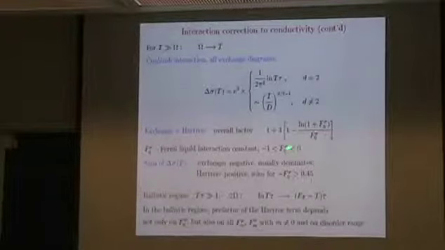However, if the interaction is sufficiently strong, then this term may be stronger than this one, and it may force the system to flow into a metal, whereas it was flowing, say in 2 dimensions, into an insulator without interaction. And this is basically at the core of the theory of the metal-insulator transition, Finkelstein.